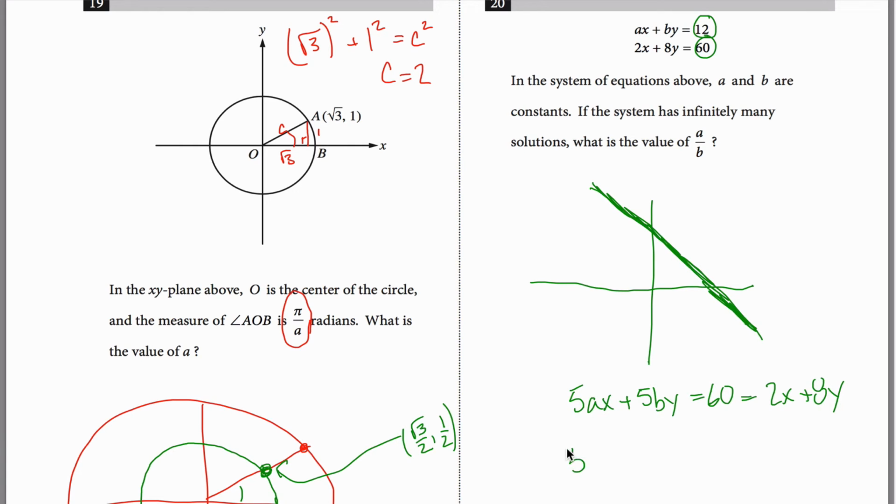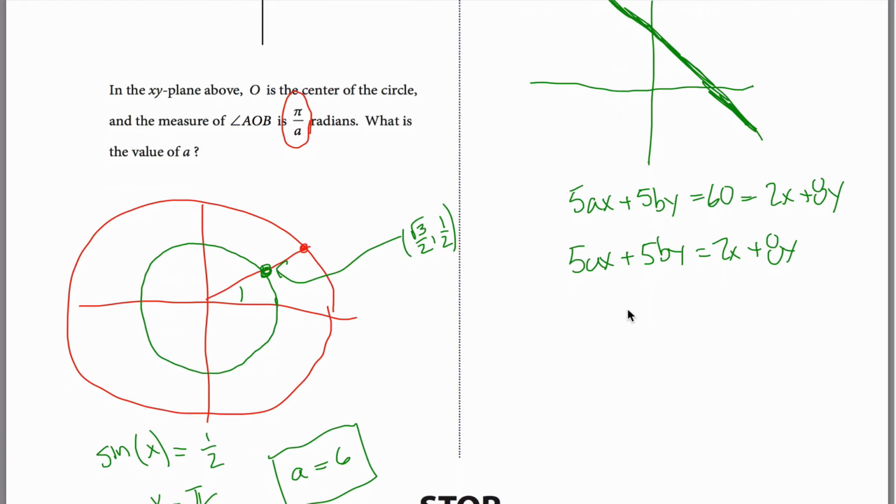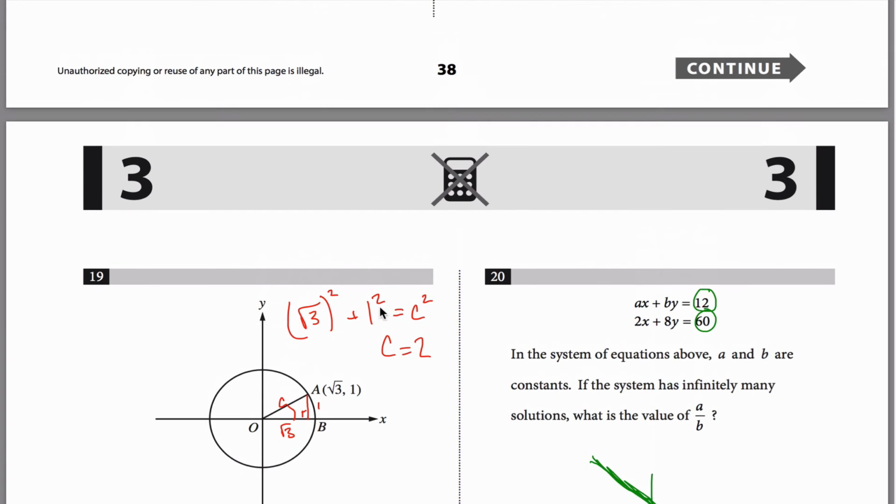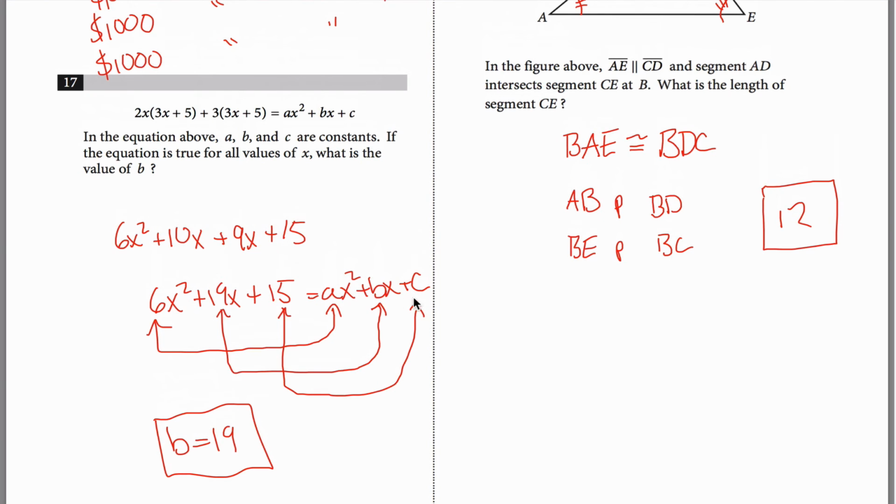So what I have is that 5ax plus 5by equals 2x plus 8y. So then you're supposed to figure out what a and b must be equal to, kind of like we did in this problem.